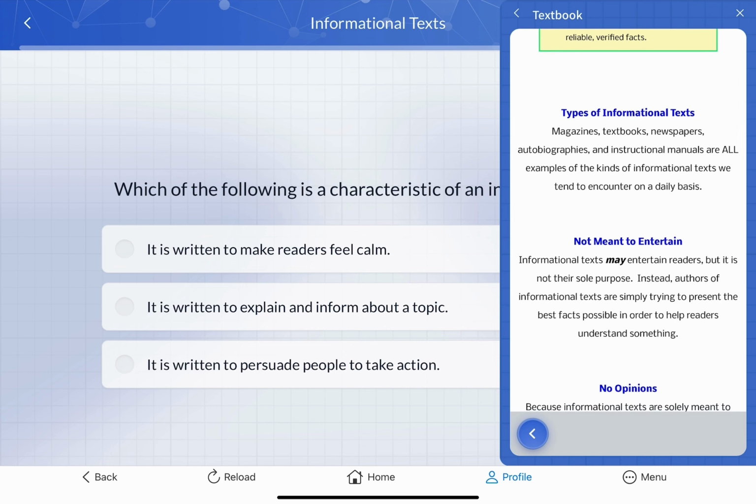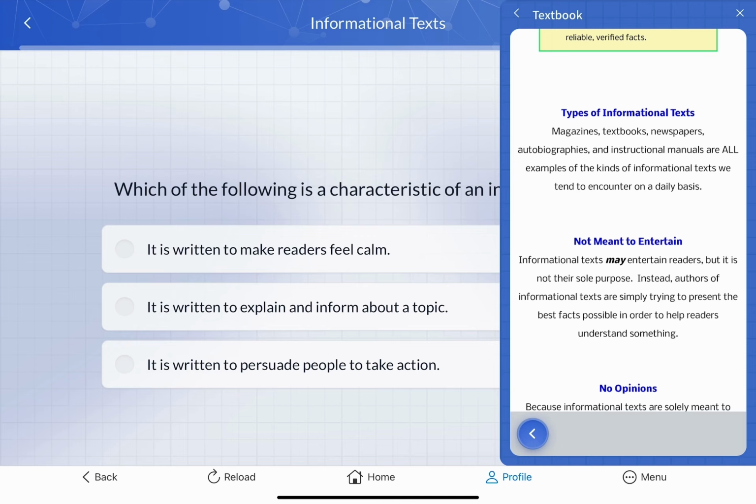Now, since it's an informational text, which gives us facts, it is not meant to be entertainment. Informational text may entertain some readers, but it is not its sole purpose.